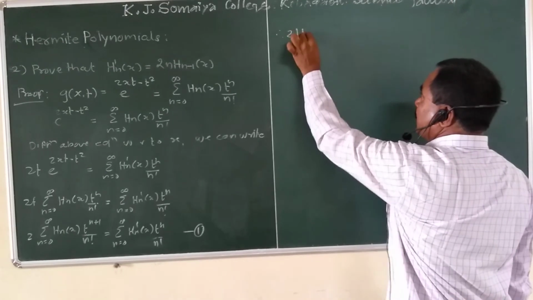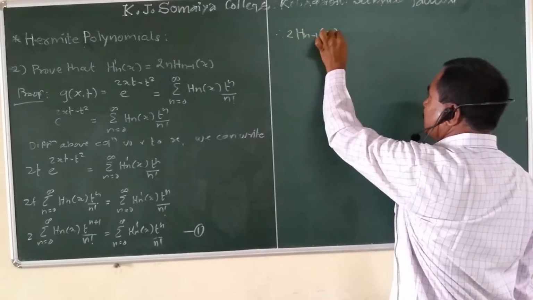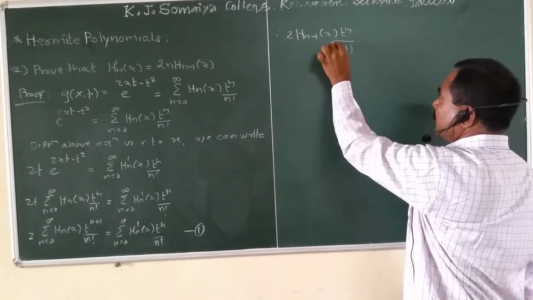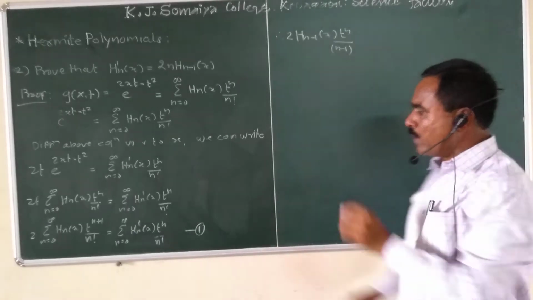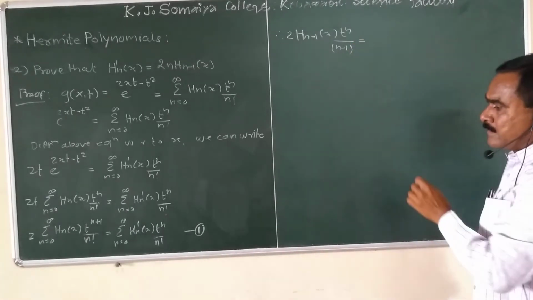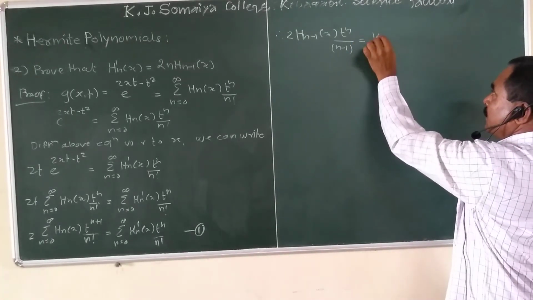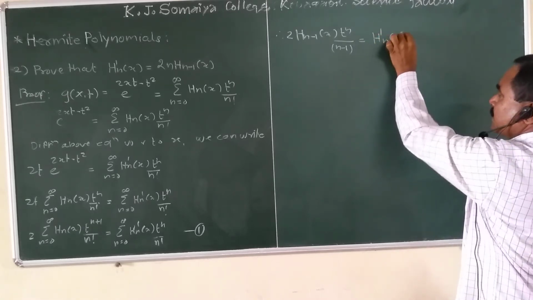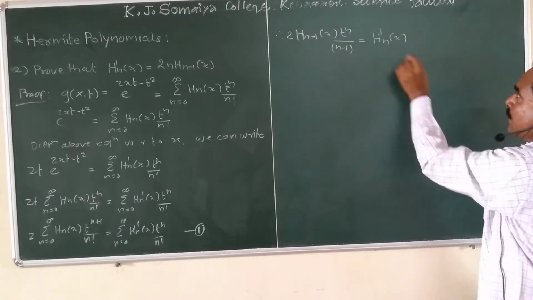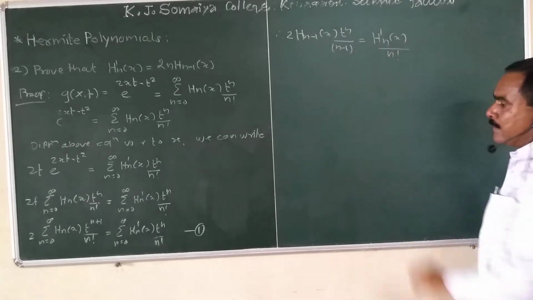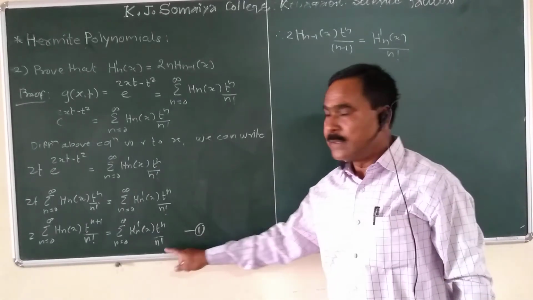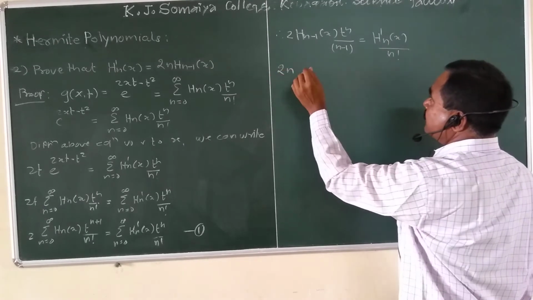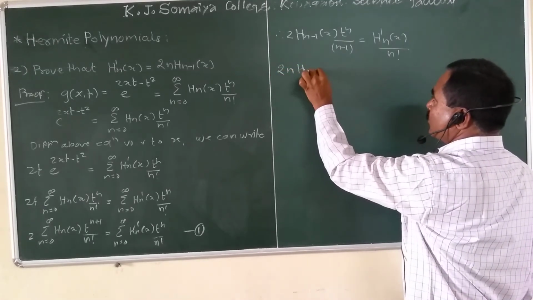Write this Hn minus 1 of x t raised to n upon n minus 1 factorial, equal to summation Hn dash of x upon n factorial. Okay, then write this equation as twice n Hn minus 1 of x.